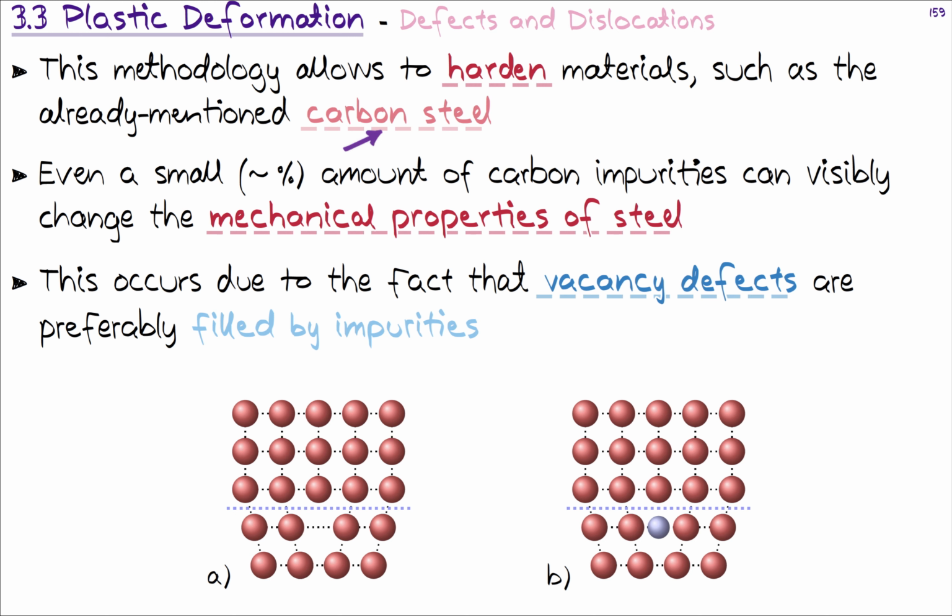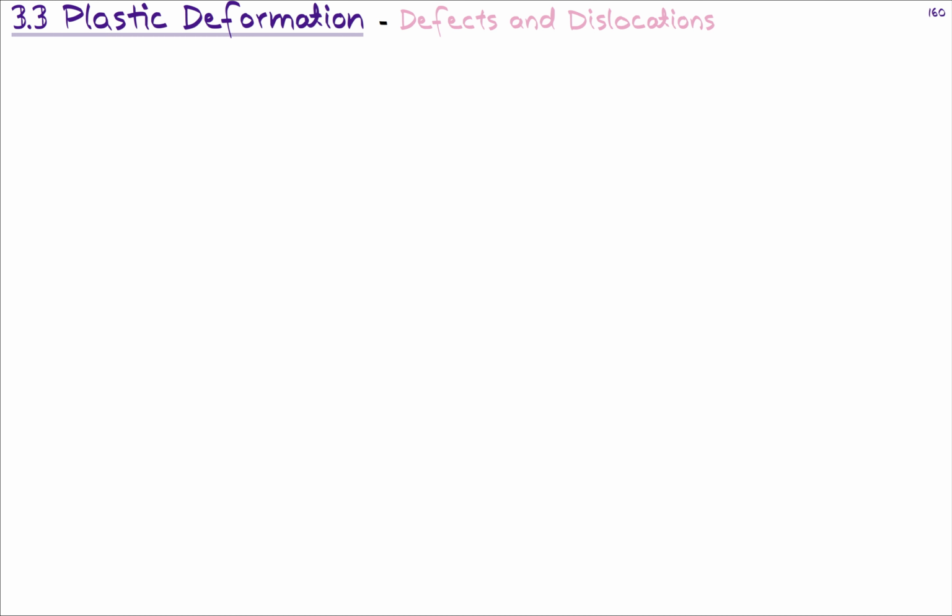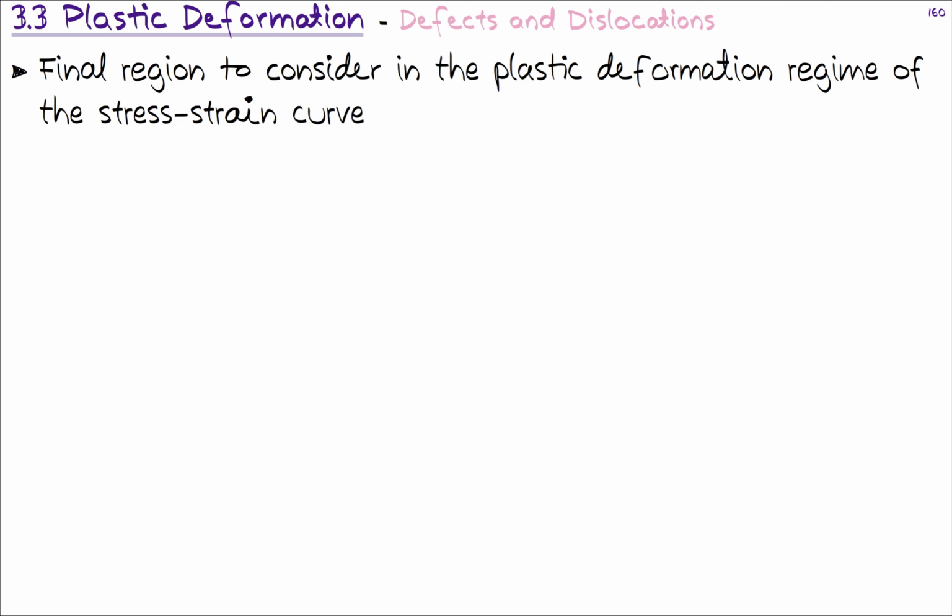For example, how can we harden steel by just adding a few percent of carbon into the metal? So sometimes we can add defects, and it's a good thing. It improves the properties of the material, and then sometimes it's a very bad thing, and we want to purify the material. So it's really a matter of taste and a matter of application, which way you want to go.